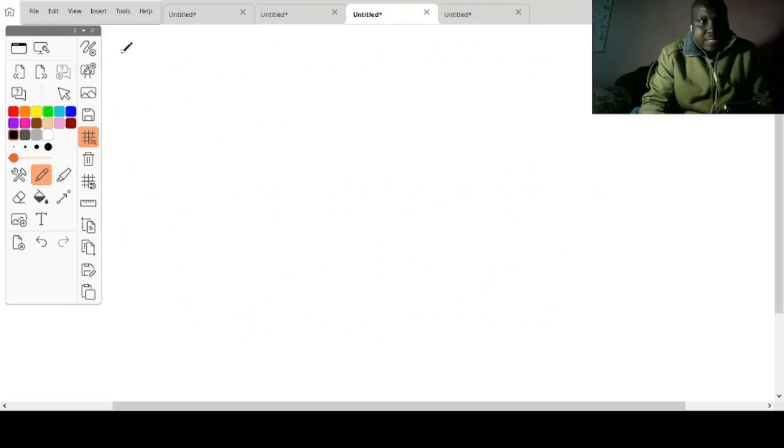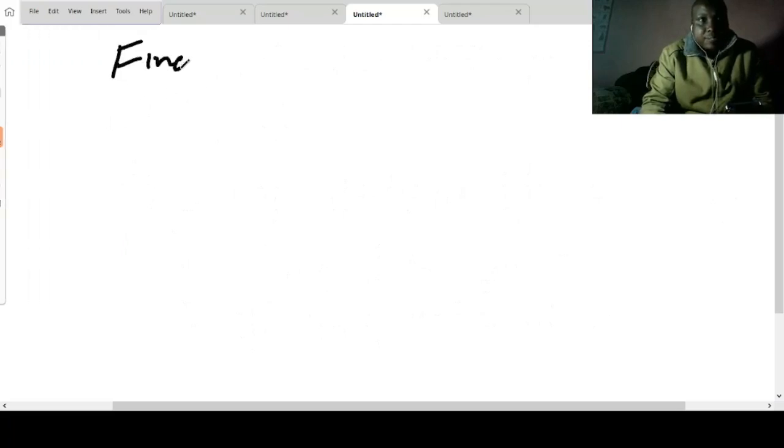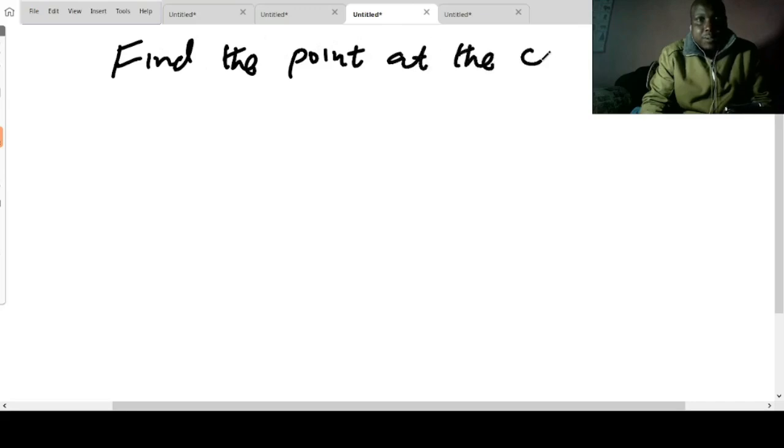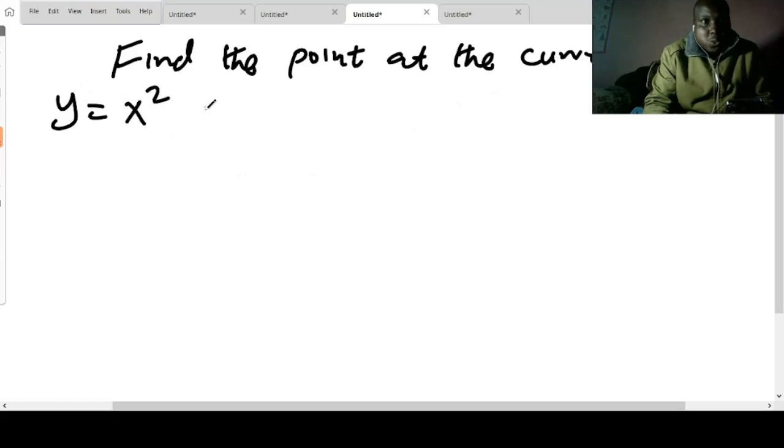Find the point at the curve y is equal to x squared minus 3x.